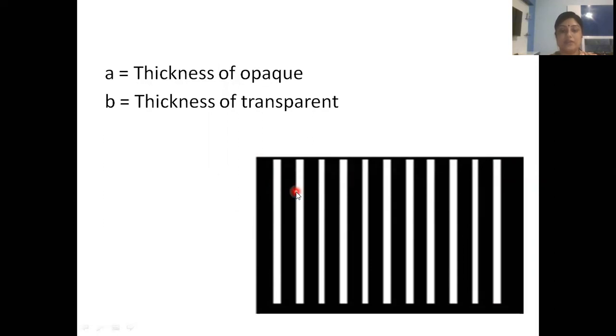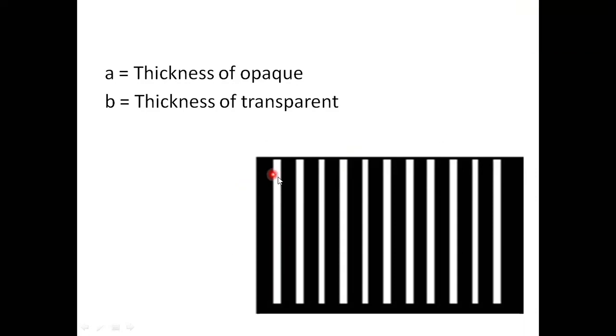opaque and transparent lines. The opaque portion of this grating will stop the light from passing through it, but the transparent portion of this grating will allow the light to pass through it. It means this transparent portion between two opaque portions is acting as a slit.